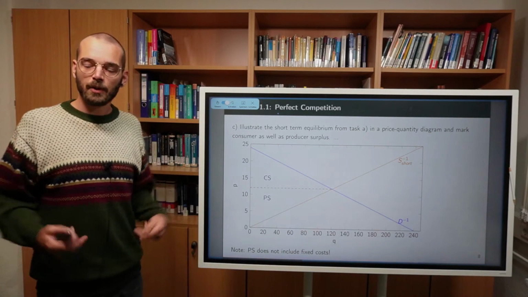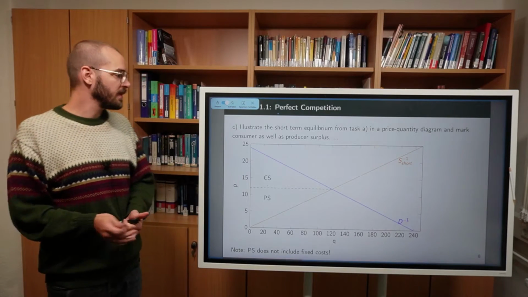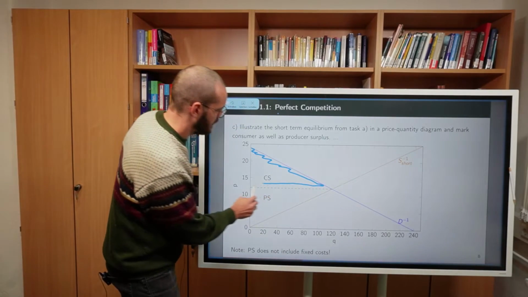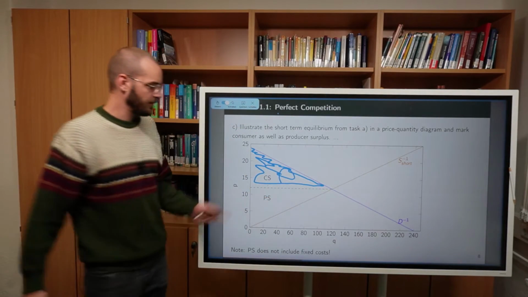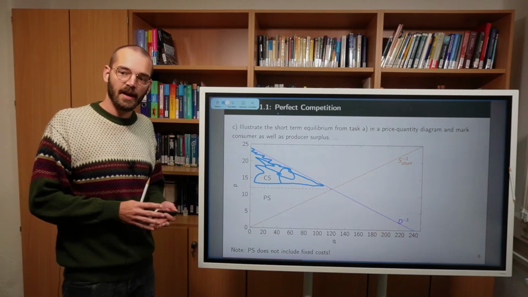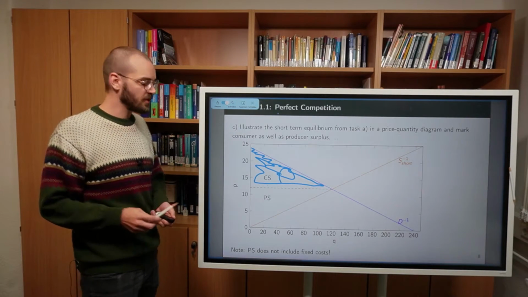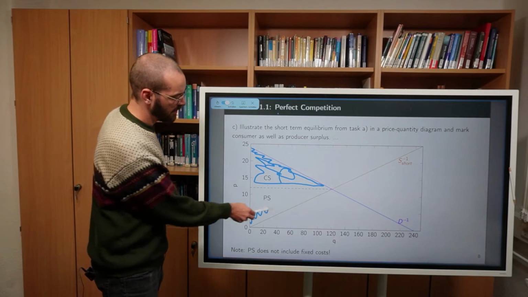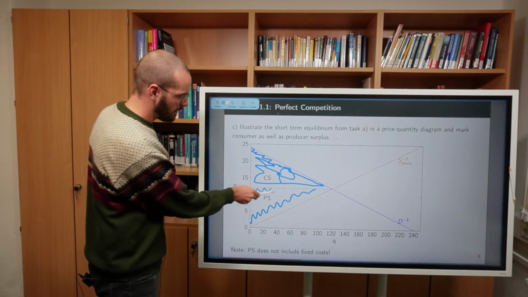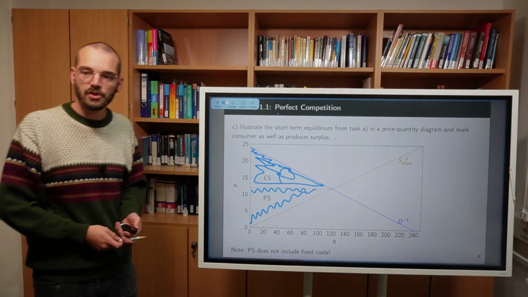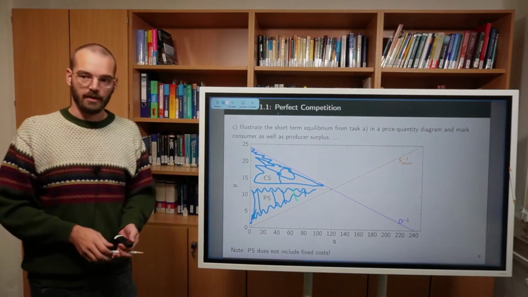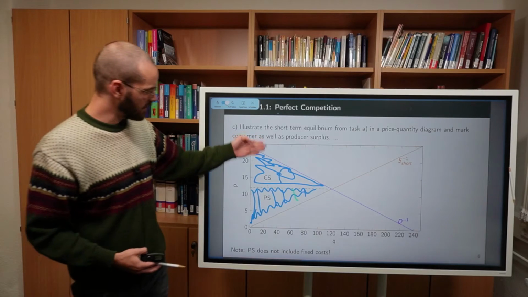Well, we already talked plenty about the consumer surplus, which is the area below the demand curve and above the market price, and analogously, the producer surplus is the area above the supply function and below the market price. All right, so these two triangles show our consumer surplus and producer surplus respectively.